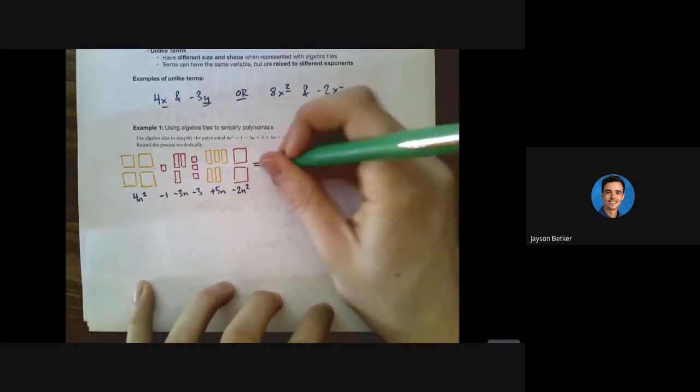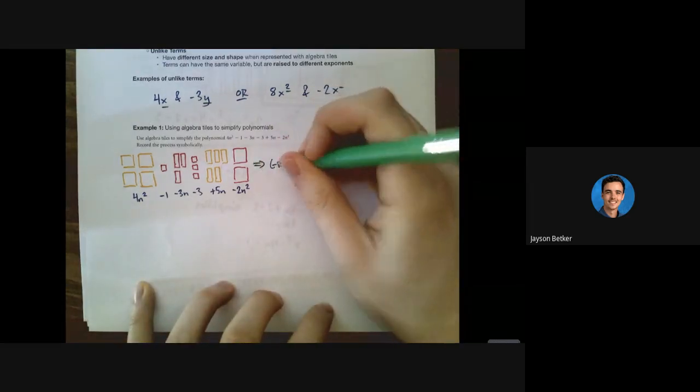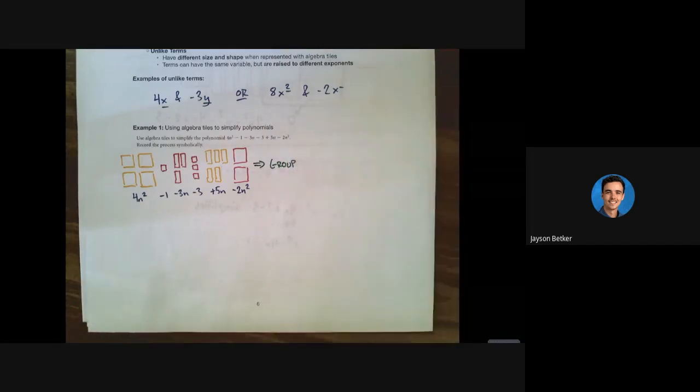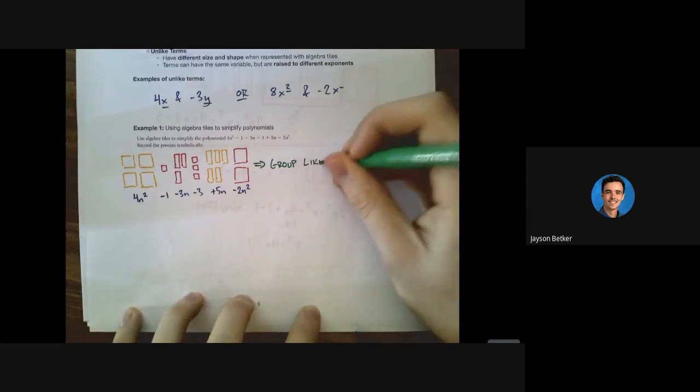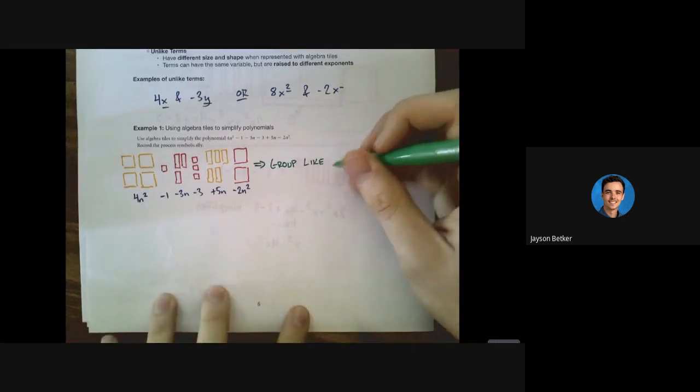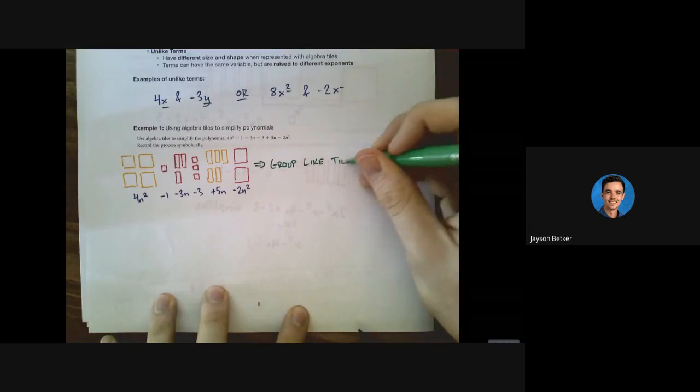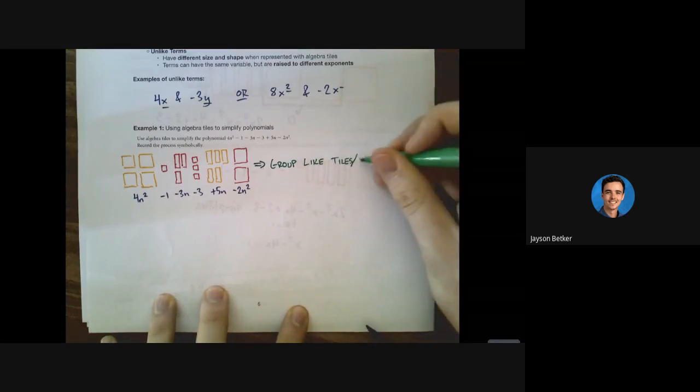So my next step is going to be to group like tiles. So I'm going to say next step, let's group them. This should only take us 3 steps. So let's group like tiles, but I'm also going to say terms for when we're using symbols.